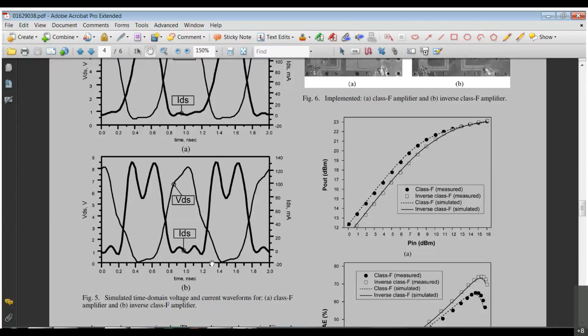So the product is going to be zero. And when voltage is zero, current has a large value, but it has very large ripple. So again, this ripple will have no adverse effect because voltage is very small. So the product is going to be again very small, and power dissipation in the MOS is going to be very low.